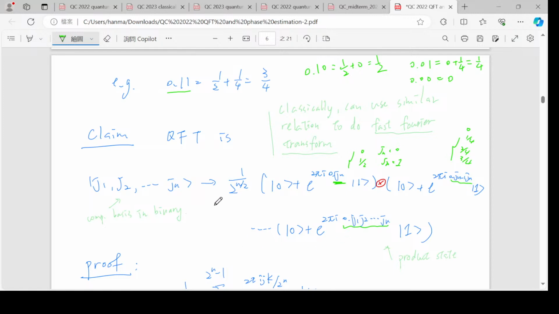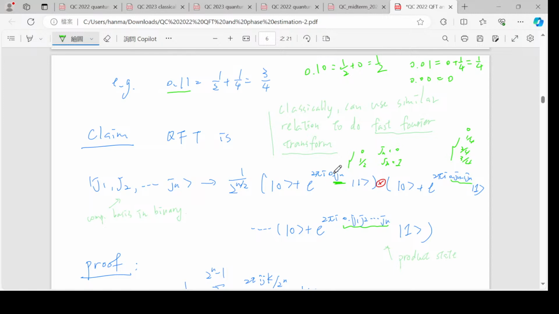Then the transformed state is also a product state. Every qubit is a superposition of 0 and 1, but with this weird phase on 1. This weird phase is e^(2πi 0.jn), e^(2πi 0.j(n-1)jn), all the way to e^(2πi 0.j1j2...jn).